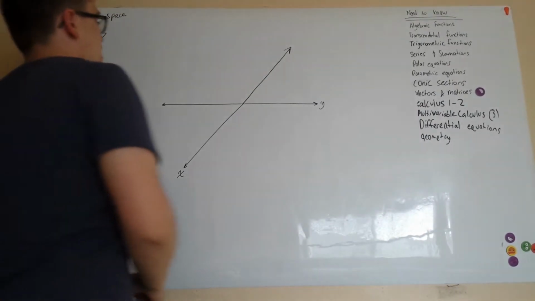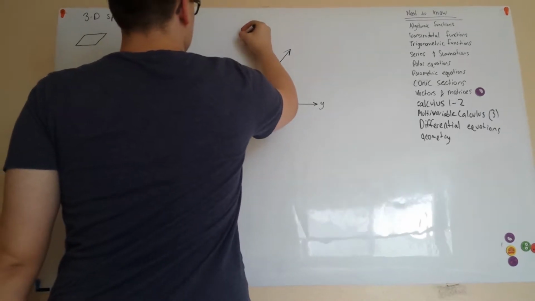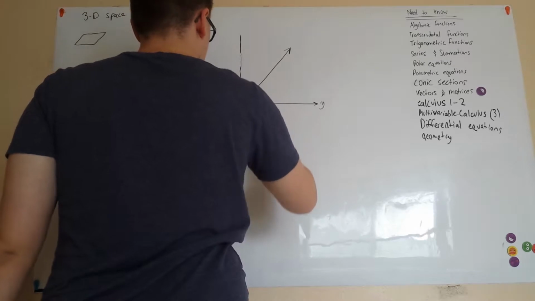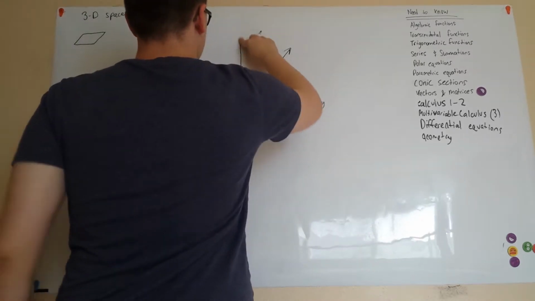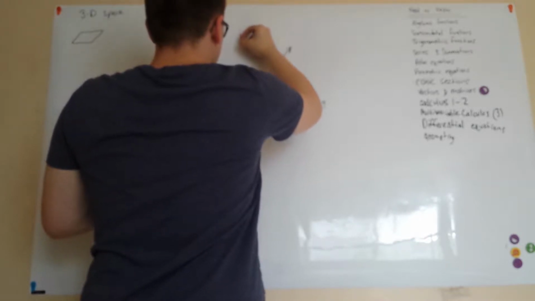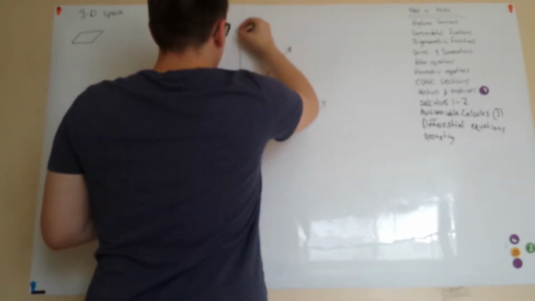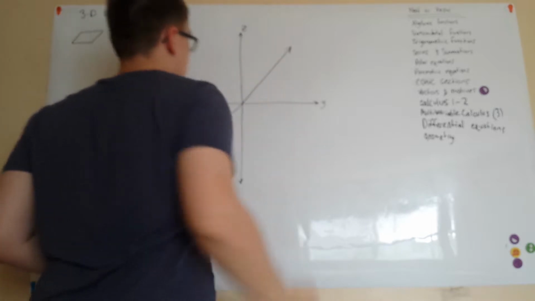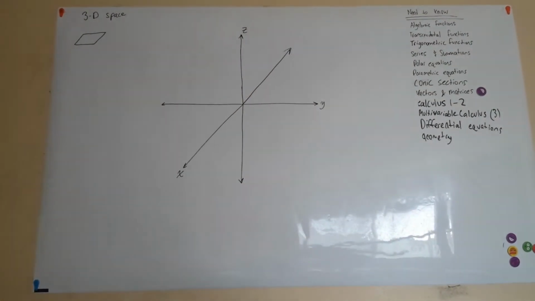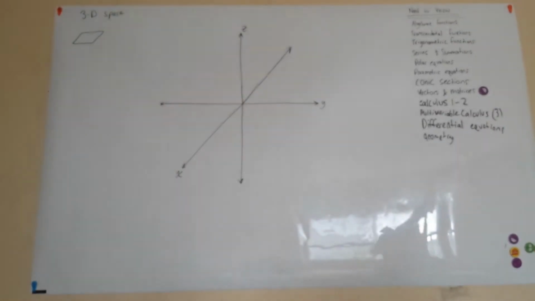And then we're going to add the last axis, which, if I can actually do this right. This is the z-axis. And this axis is vertical.